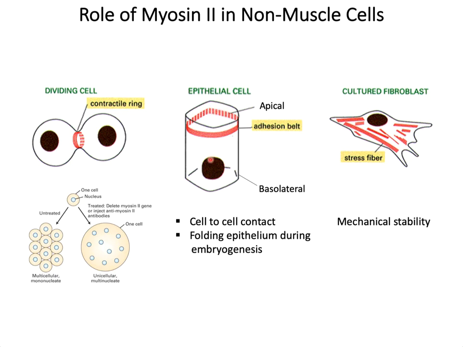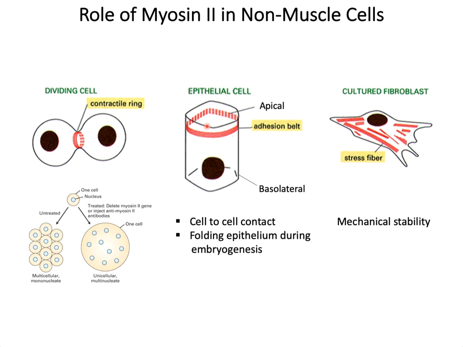Right below the tight junction is the belt of actin and myosin 2. The role of myosin 2 is to confer stability to the cell-to-cell contact between the two epithelial cells. So it strengthens the cell-to-cell interaction in the epithelium.